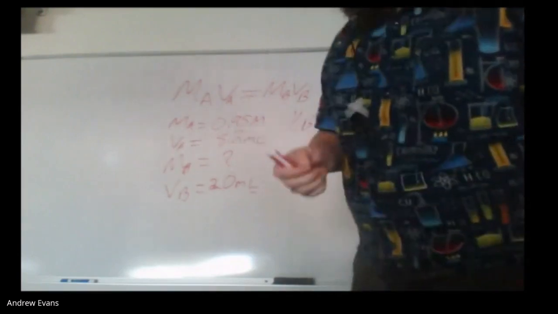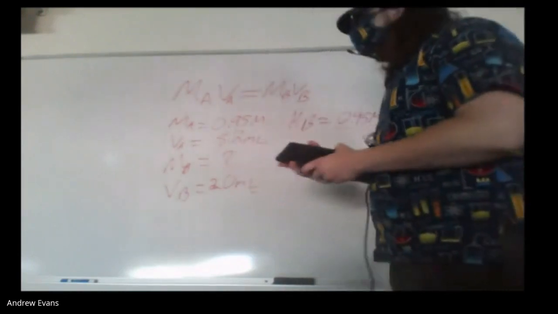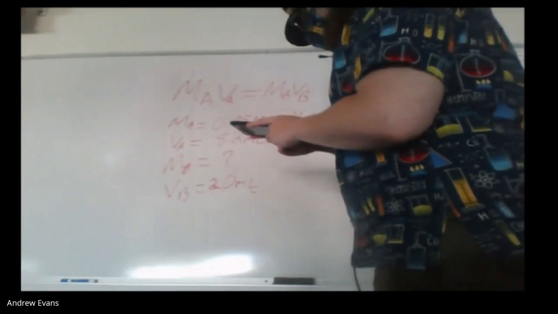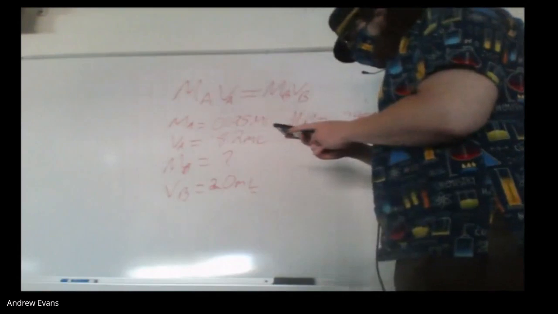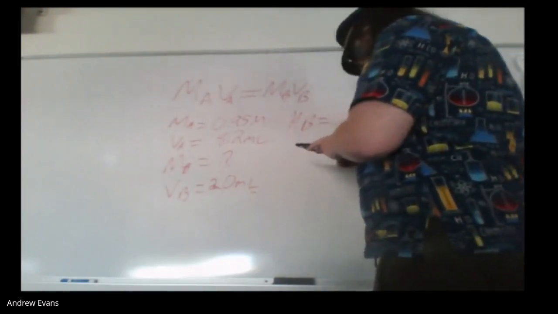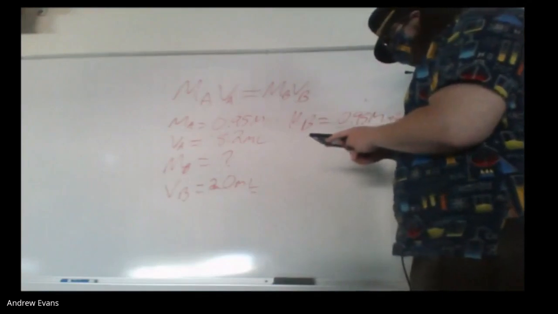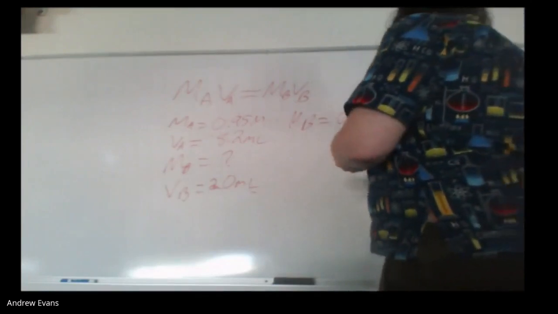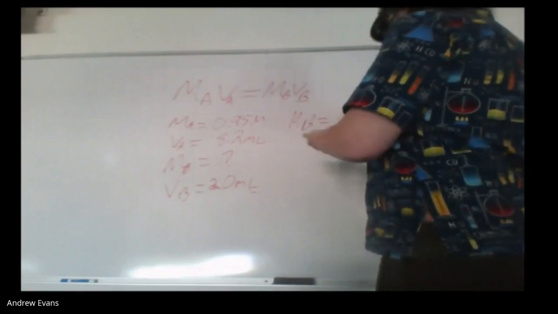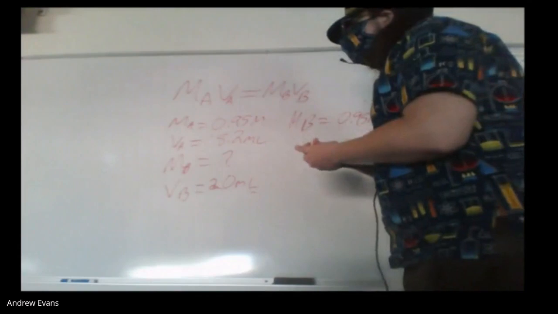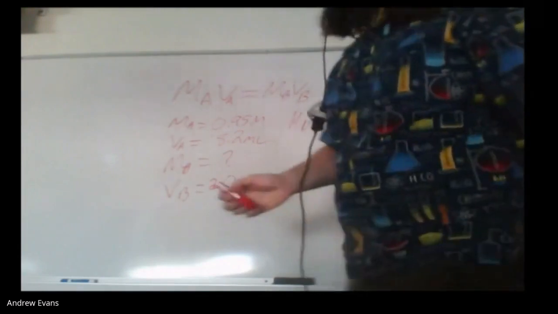Normally, I'd say turn them into liters, but as long as the volumes are in the same units, it will work out in the end. 0.95 times 8.2 divided by 20 gives you 0.3895, which should technically be rounded to 0.39.